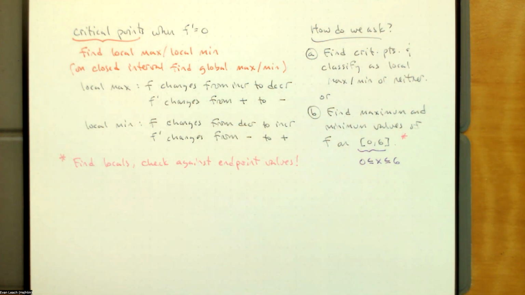So here you just need to find the local max and min and then check against the endpoint values, because a global max or min can happen at an endpoint of your closed interval.